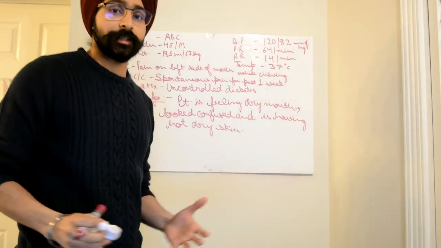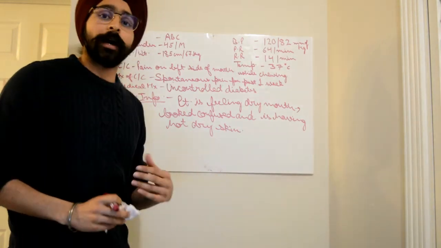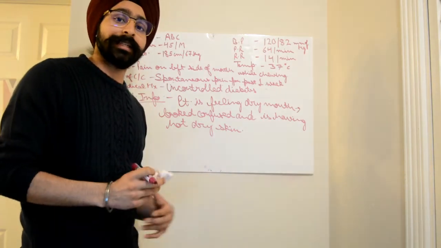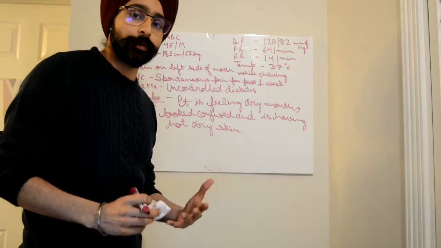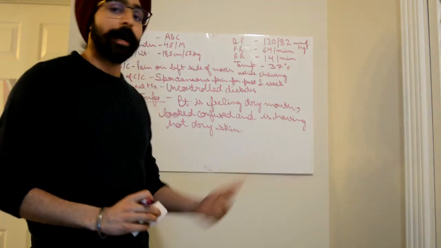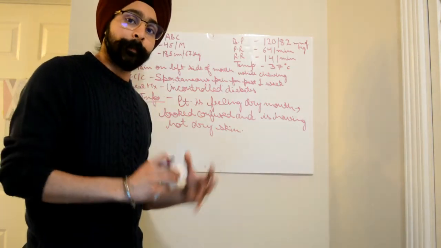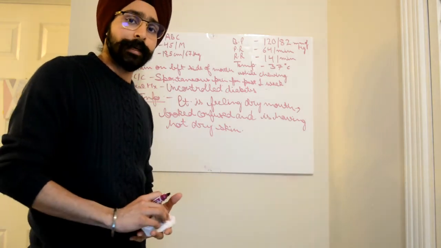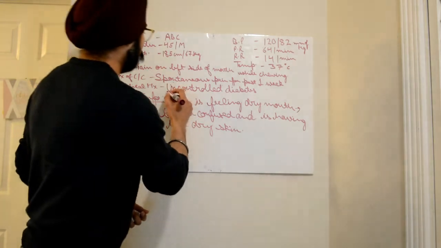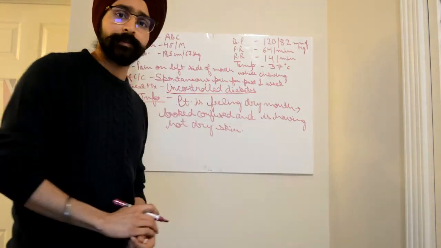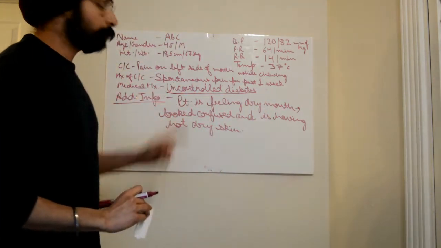Guys, I just mentioned that in case of hypoglycemia, the patient is having cold and clammy skin, he feels sweating. But in case of hyperglycemia, the patient has hot dry skin, he feels flushed. Now, the patient has a history of uncontrolled diabetes. This will lead us to the diagnosis.